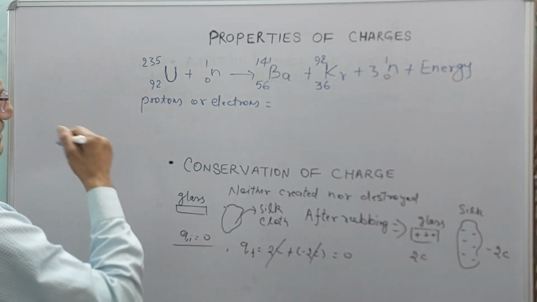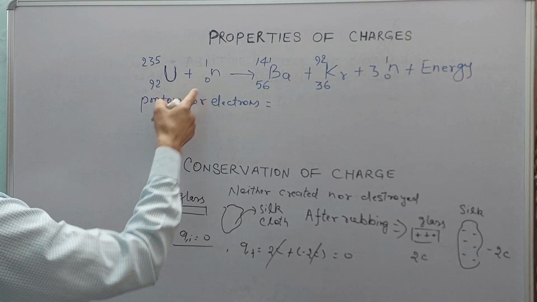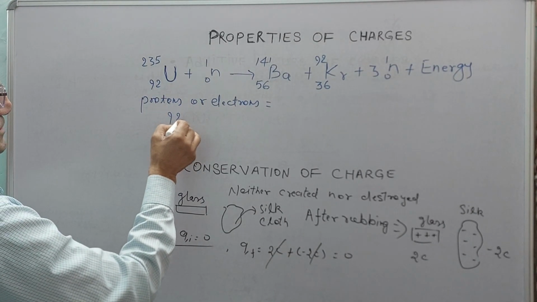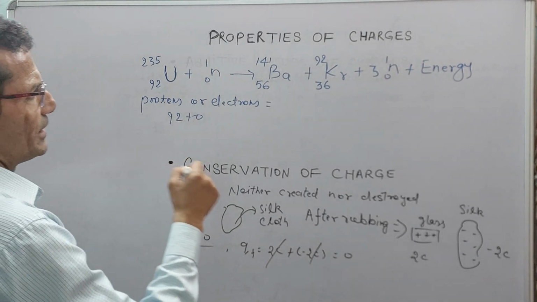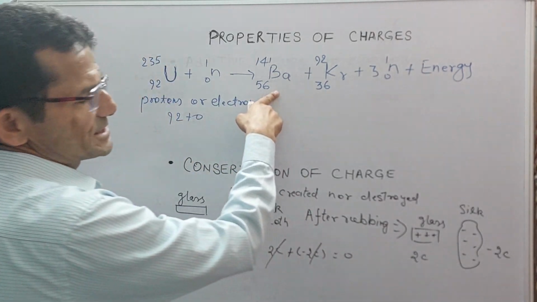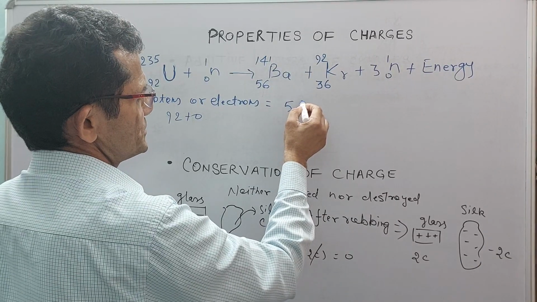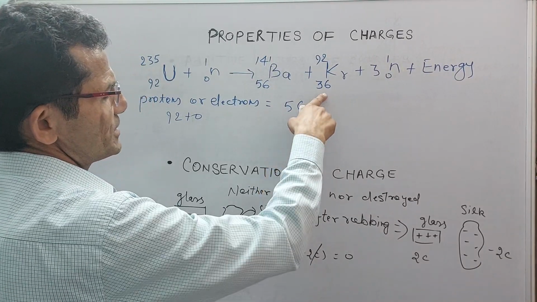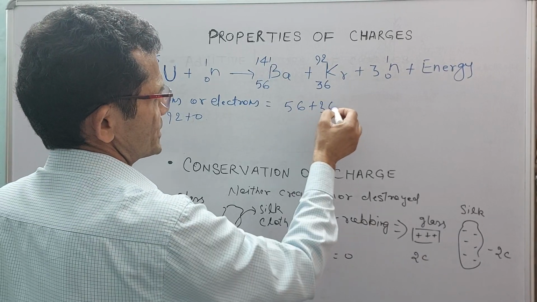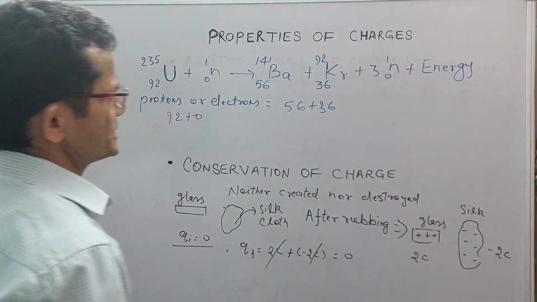Before the reaction we have protons 92 plus 0, because the neutron is a chargeless particle. After the reaction barium has 56 protons, krypton has 36 protons, and the neutron has no charge.